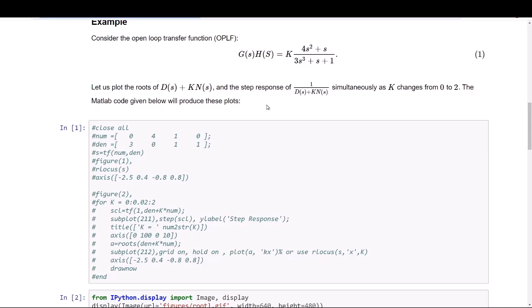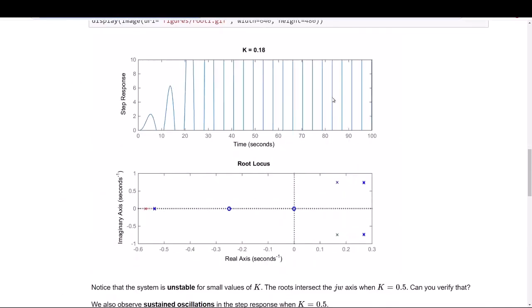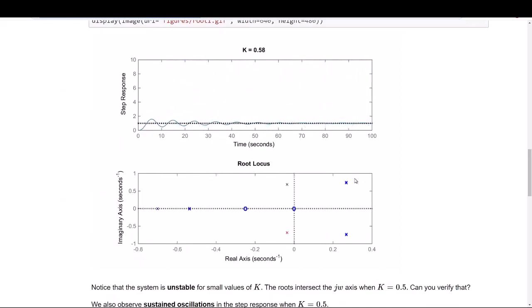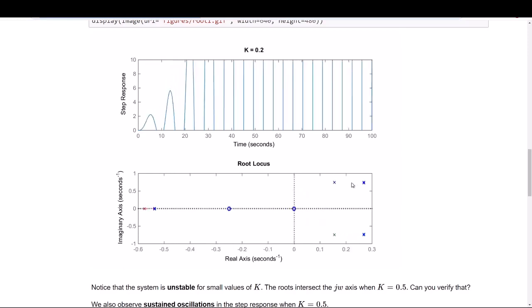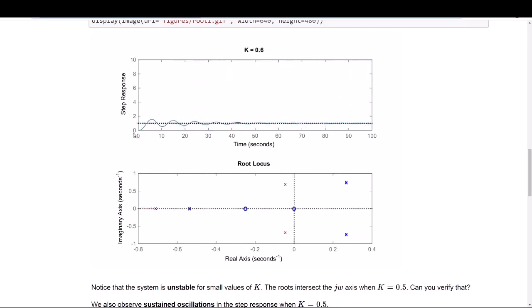I will also plot the step response of 1 over d of s plus k n of s and see what happens. As you see, these are the pole locations, the roots of d of s plus k n of s. For each value of k, we are plotting them on a timeline, and for each value of k we also see the step response of the system.